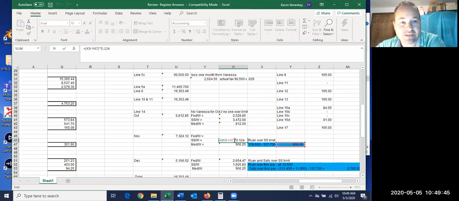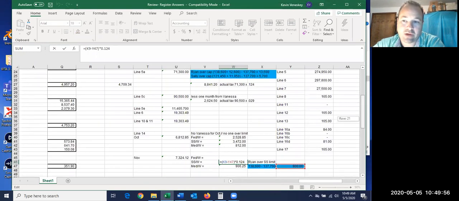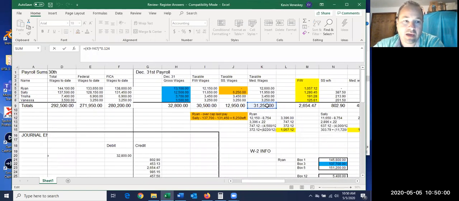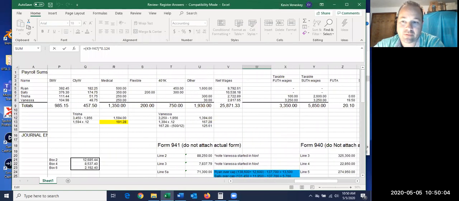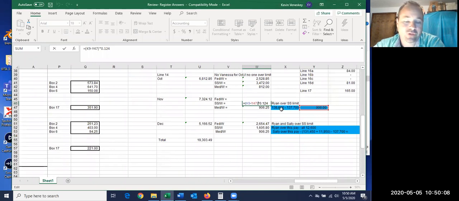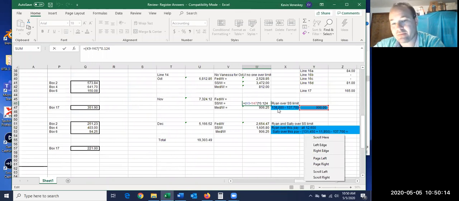So what I did for this is I said, okay, whatever the normal amount is, so K9, that would be our Medicare. Take whatever the Medicare is and then subtract out how much Ryan went over in November, because we know he went over.